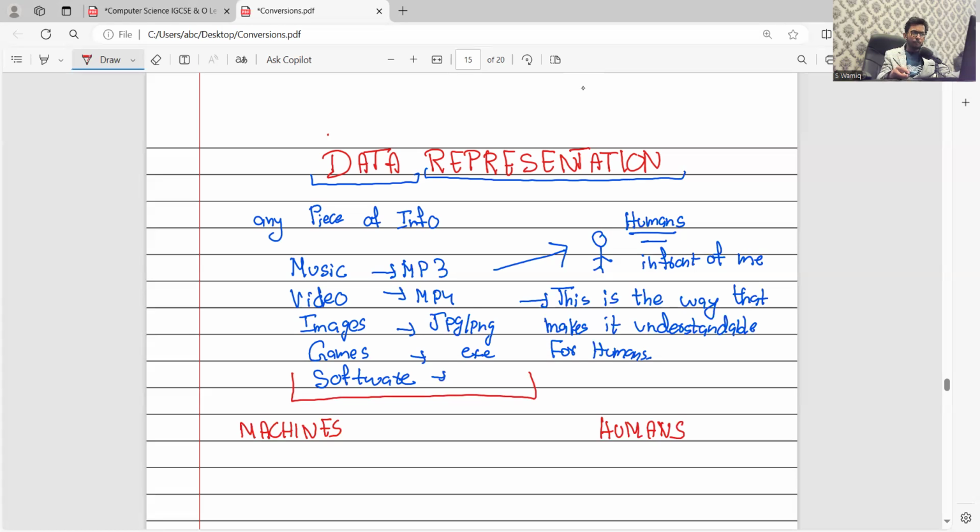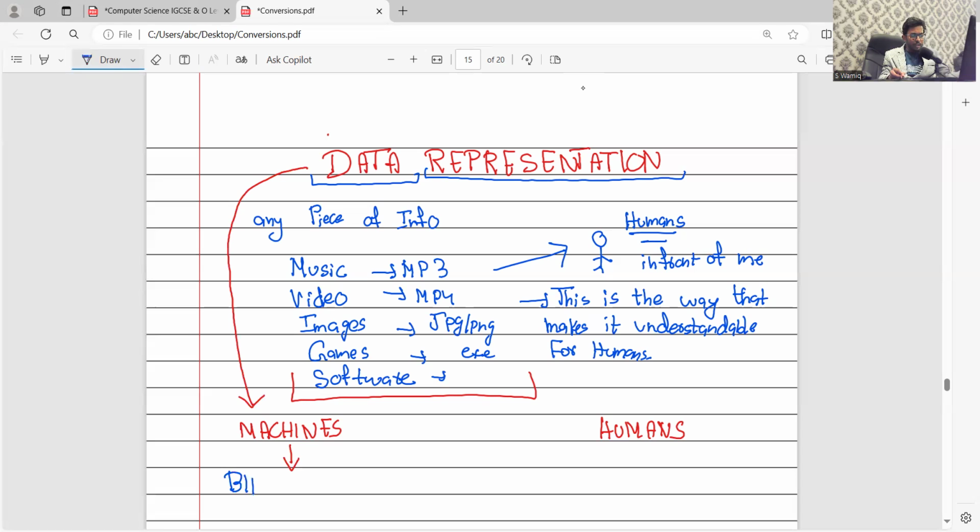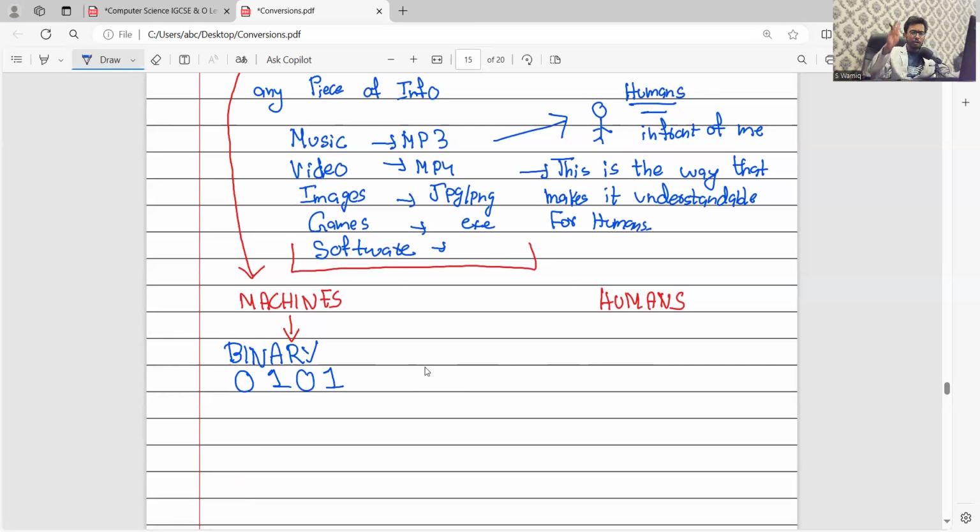But if I want the same data to be understandable by machines, it is going to use the language of binary. Binary means the language of zeros and ones. That means this language only has two options, only two values. And what are those two values?